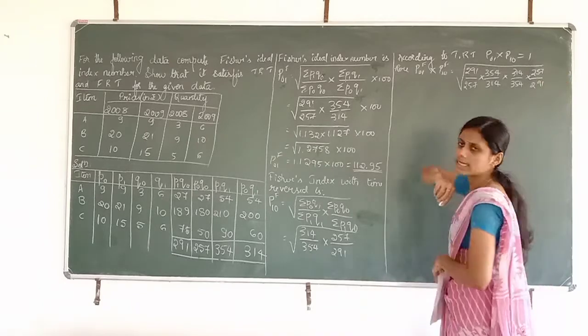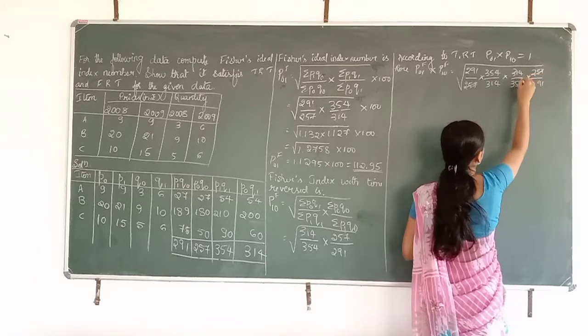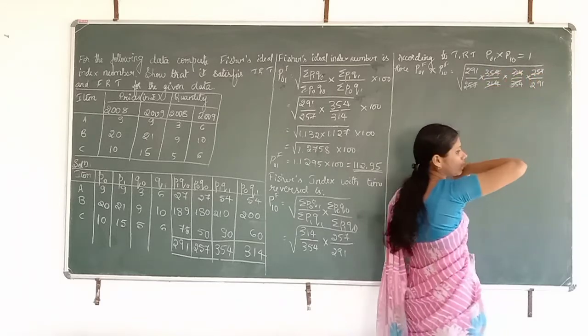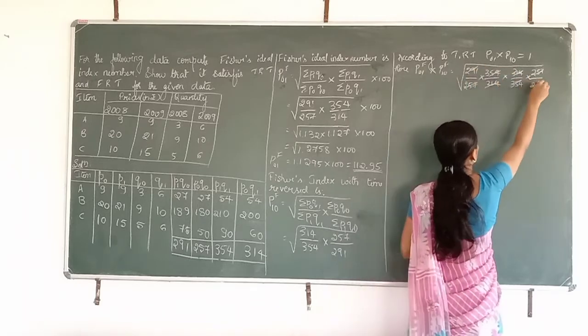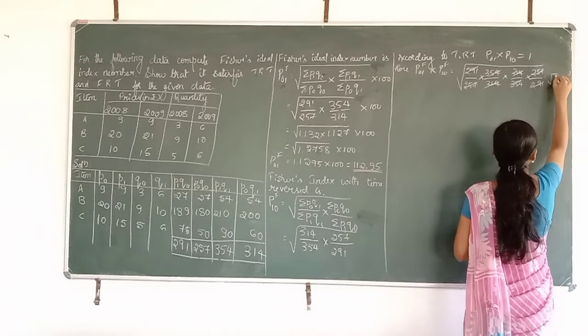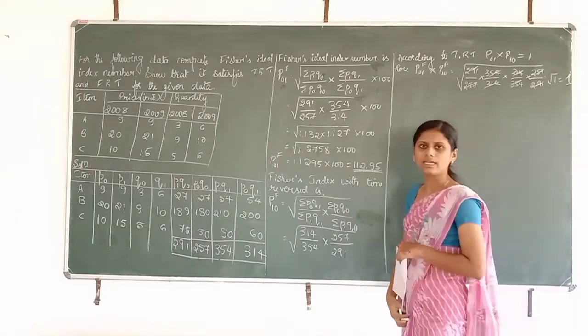Now we are going to cancel the values. 257 gets cancelled, 354 gets cancelled, 314 can be cancelled, and 291 also gets cancelled. So remaining is square root of 1, which is equal to 1. So square root of 1 is 1.